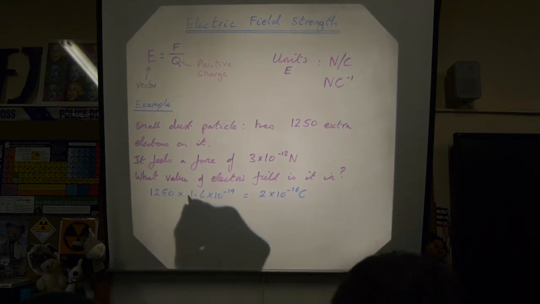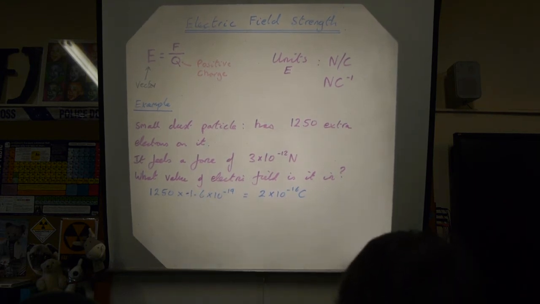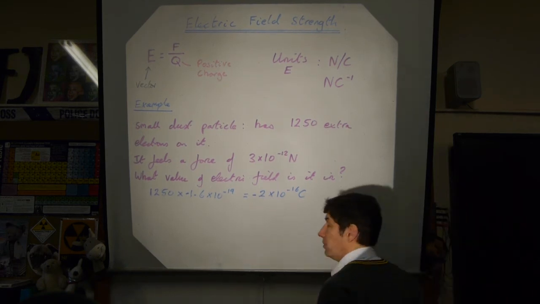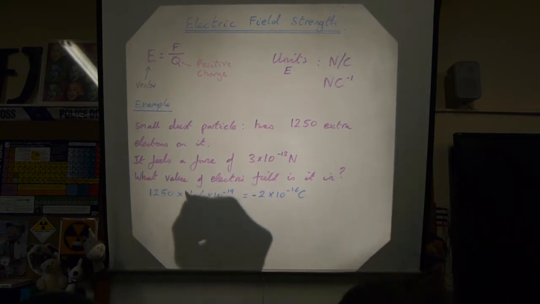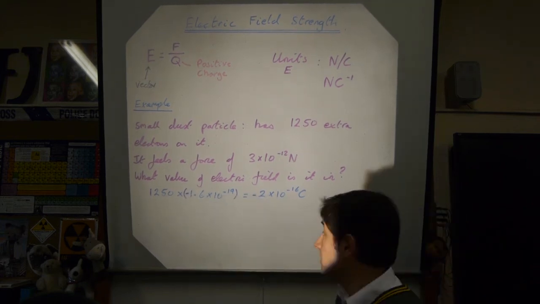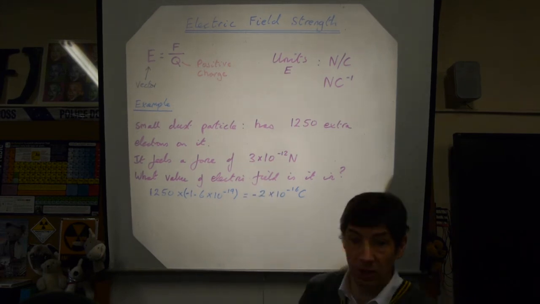So let's now do it properly. That's the charge on an electron, so it will be a negative charge by definition. I should put that in brackets now just to make it a bit clearer. So we've now got the charge on our little dust particle.